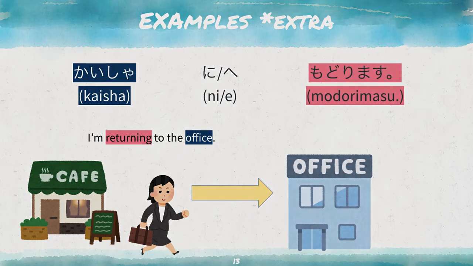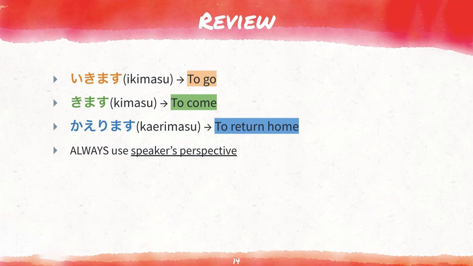So, to review what we've learned today, ikimasu is to go, and its past tense is ikimashita. Kimasu is to come, and its past tense is kimashita.